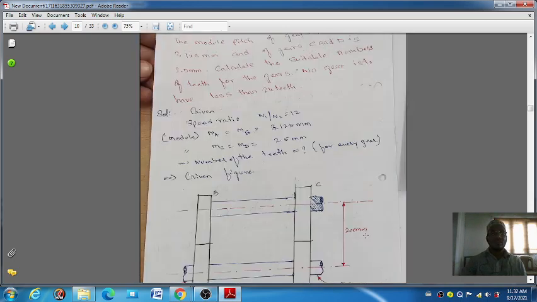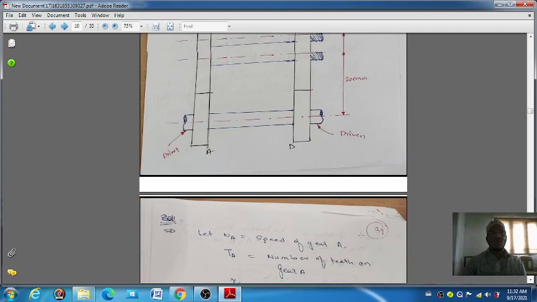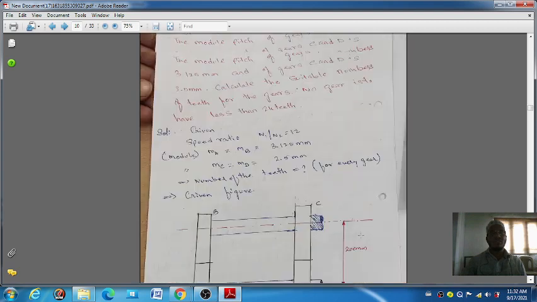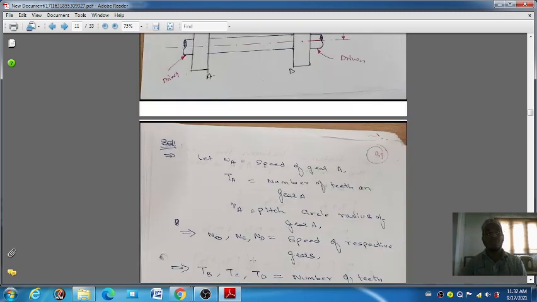Next, we suppose the number of teeth and also the speed of the individual gears. NA is the speed of gear A, TA is the number of teeth on gear A, and RA is the pitch circle radius of gear A. Like that, we suppose these values for gear B, gear C, and gear D also.